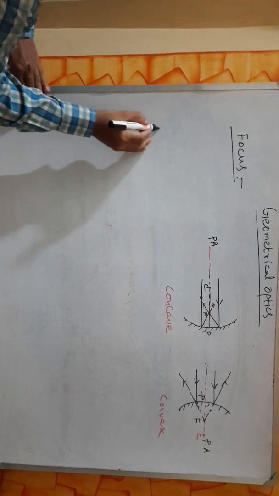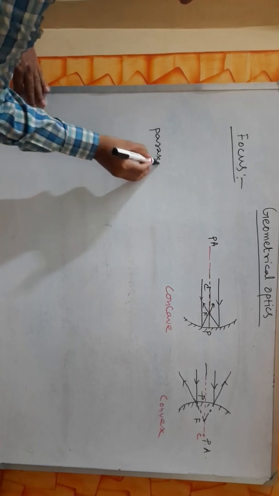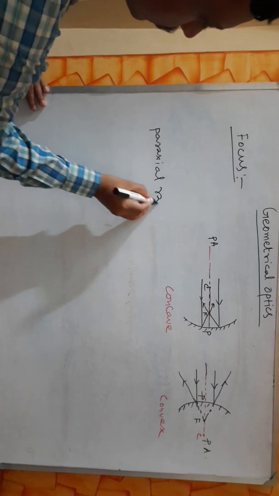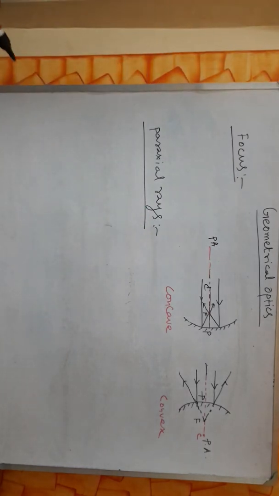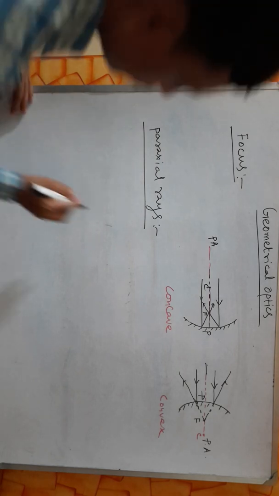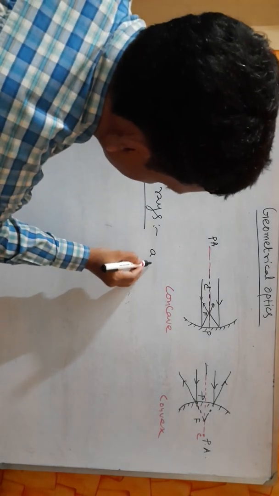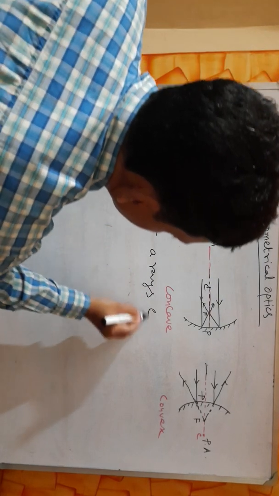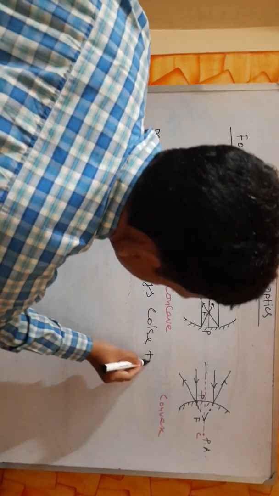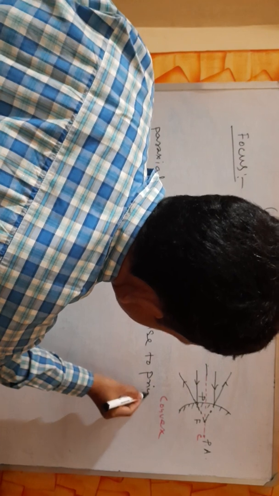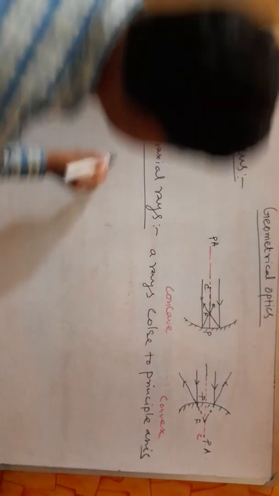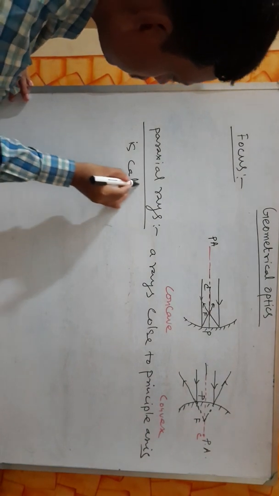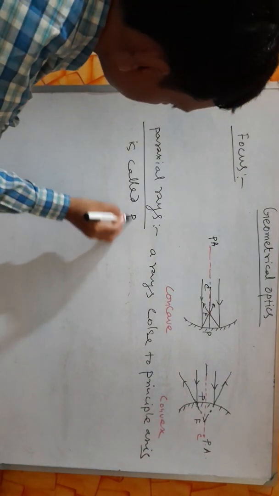Paraxial rays. A ray close to the principal axis is called a paraxial ray.